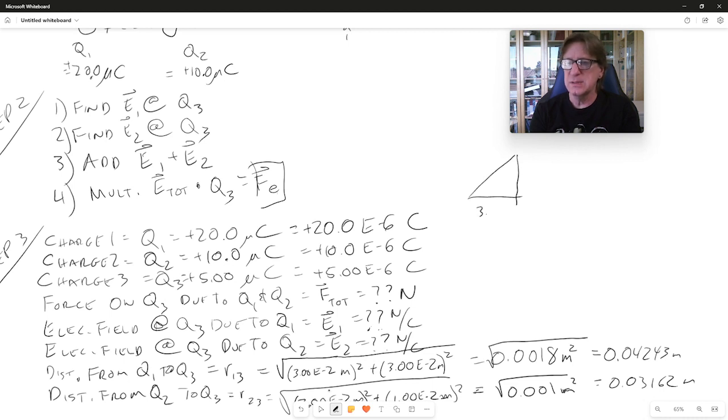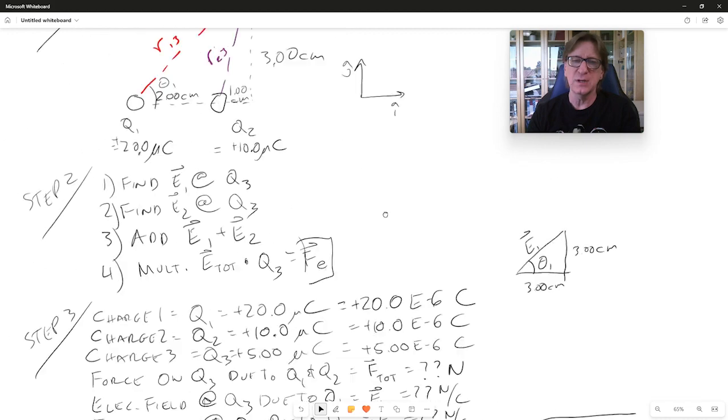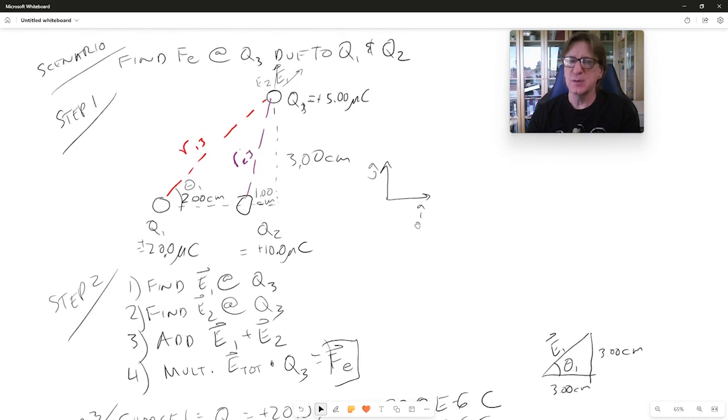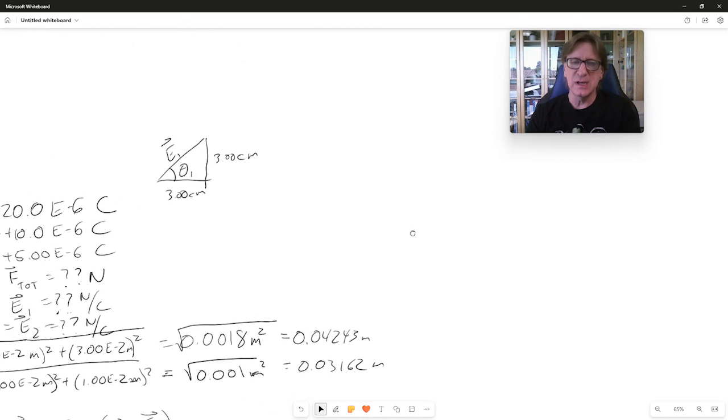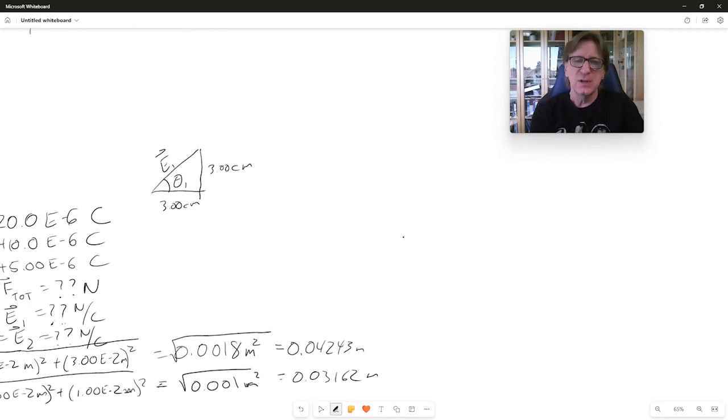We know that this is 3.00 centimeters, and we know that this is 3.00 centimeters. And this then is theta 1, and this is going to be our E1. That's our direction. You see how we've got that set up right there. So I need to know what theta 1 is. Let's move this to the side so we can focus on this. Remember your trig functions?